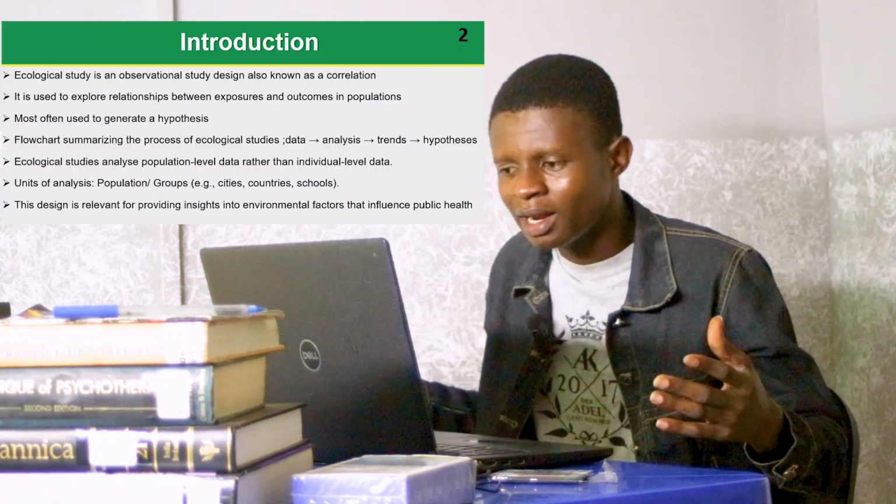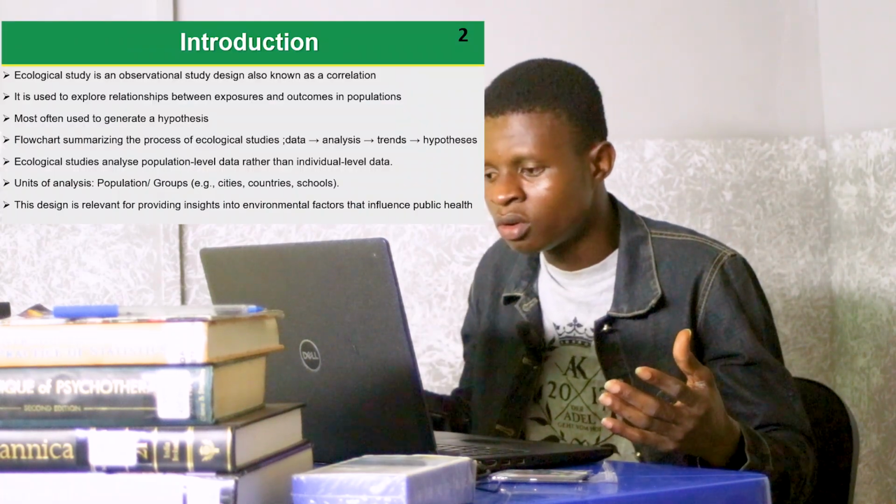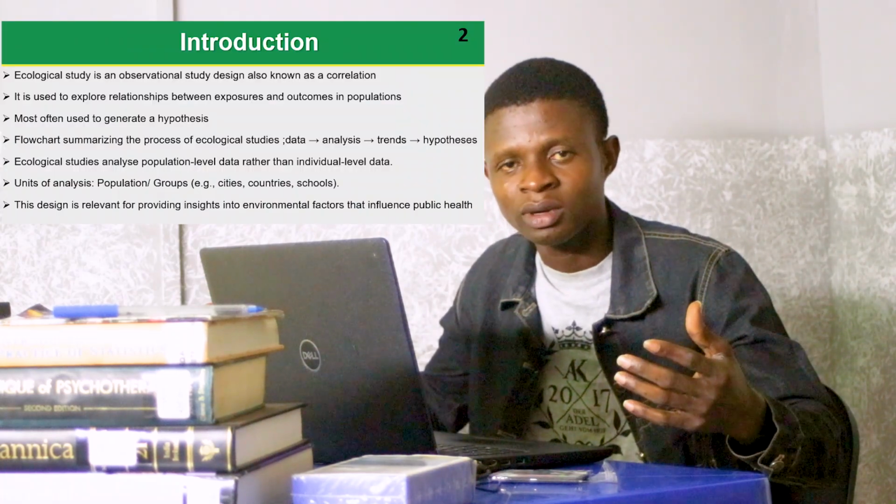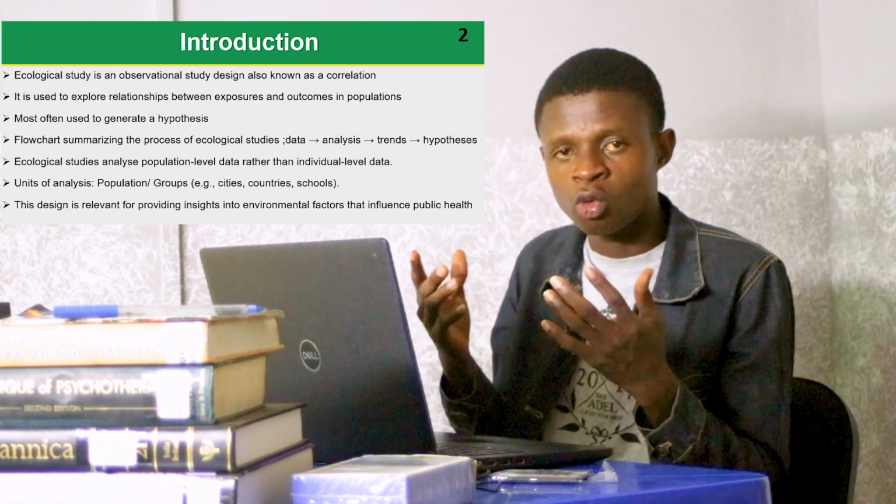Also, the ecological study analyzes population level data rather than individual level. Like I said, everything that goes into ecological study is at the population level instead of the individual. It does not take individual account into consideration.